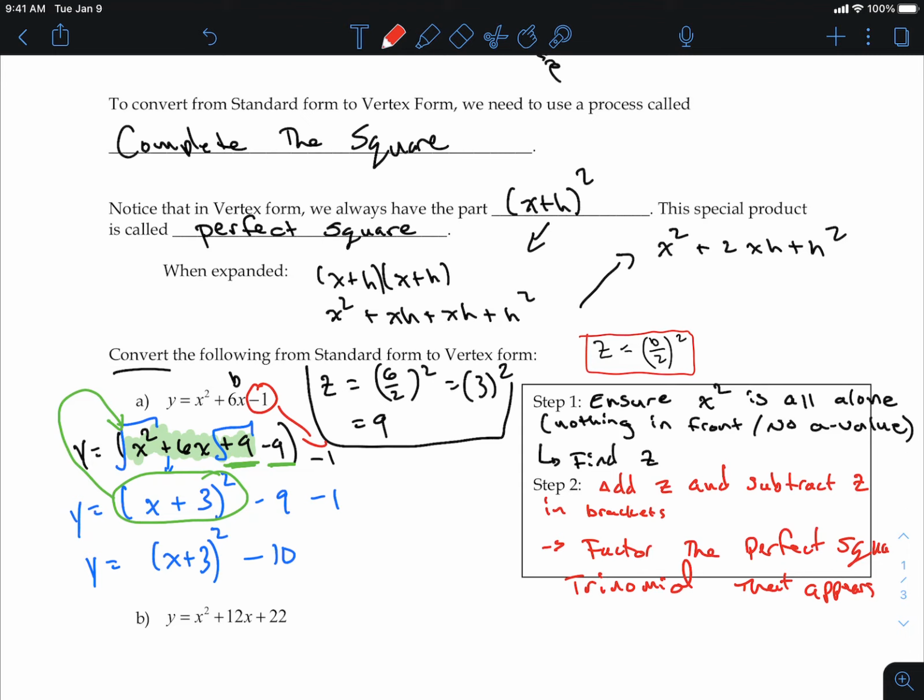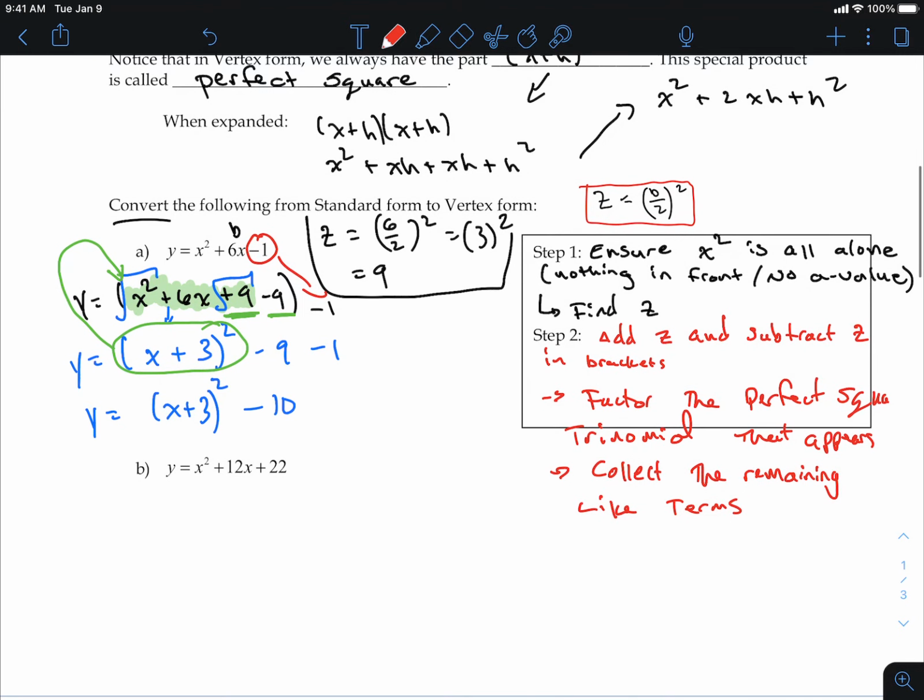You're going to factor the perfect square trinomial that appears. And then you're going to collect the remaining like terms. This is now in vertex form.